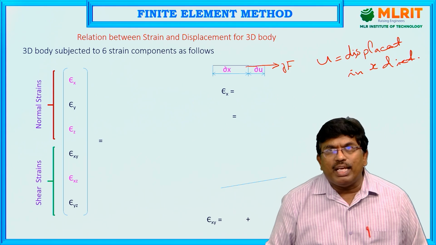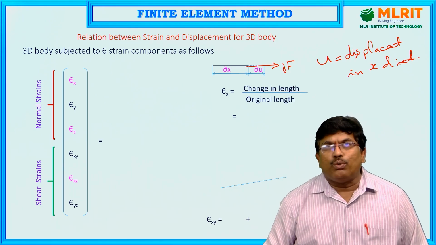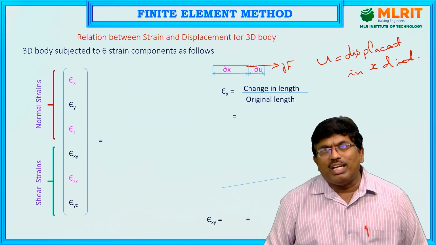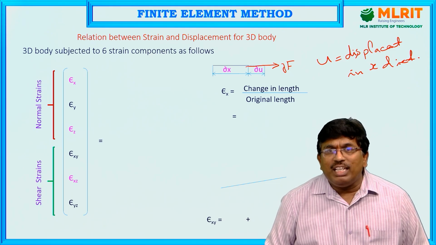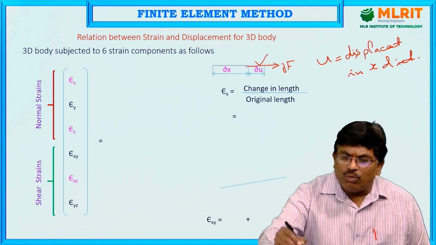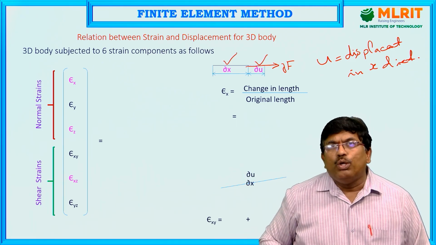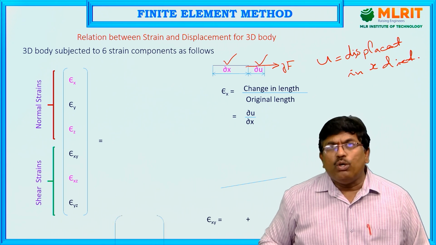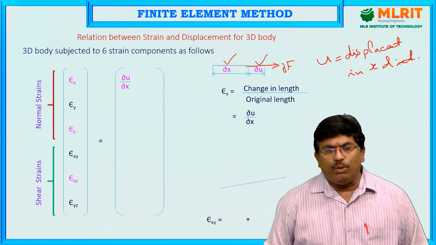Then we know that strain equals change in length by original length, otherwise change in dimension by original dimension. Here the change in length is dou u and the original length is dou x, so epsilon x equals dou u by dou x. So, the strain in x direction is dou u by dou x.